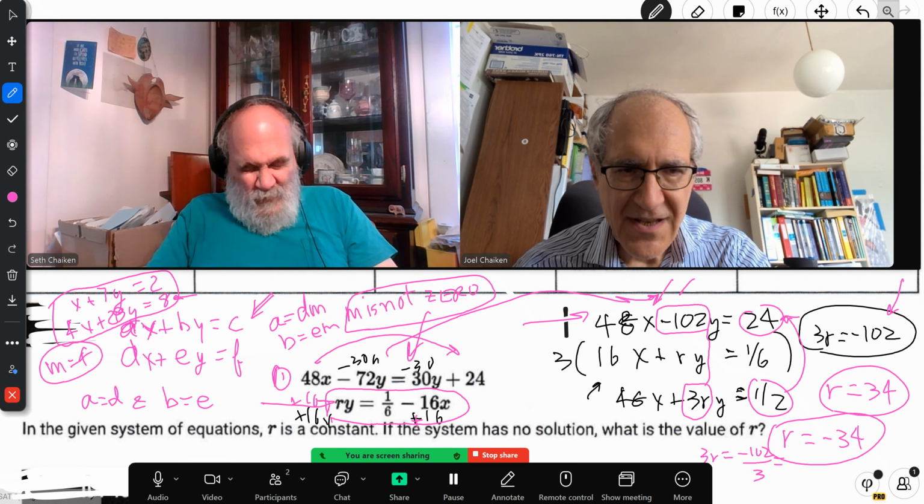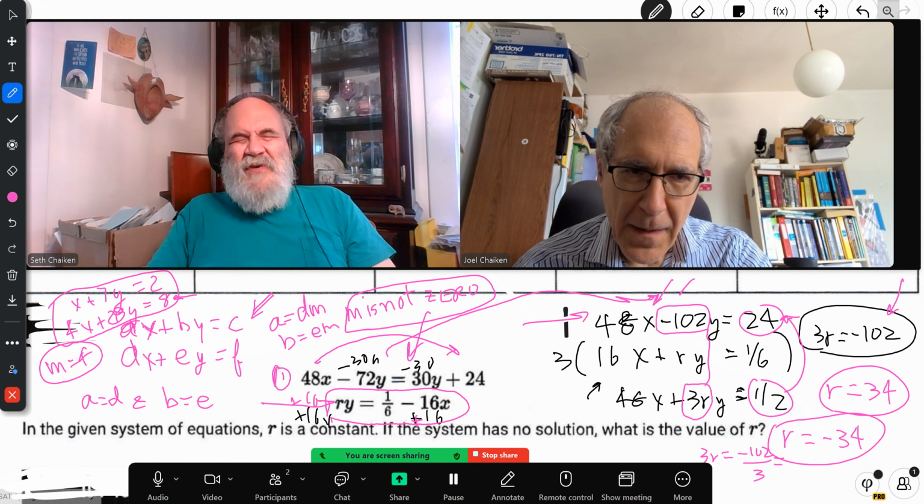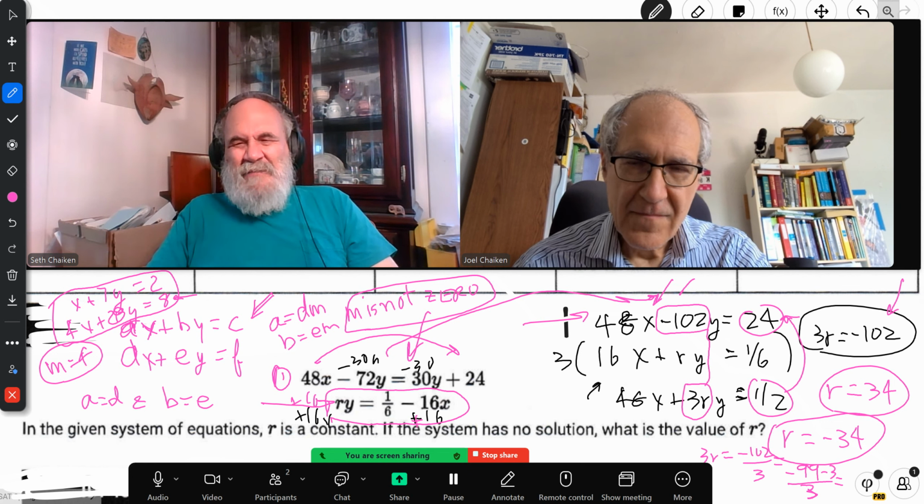I wonder, would it be better to type into the calculator negative 102 divided by 3, or to avoid the extra keystroke of negative and do 102 divided by 3, and then remember that the answer is the negative of what comes out?